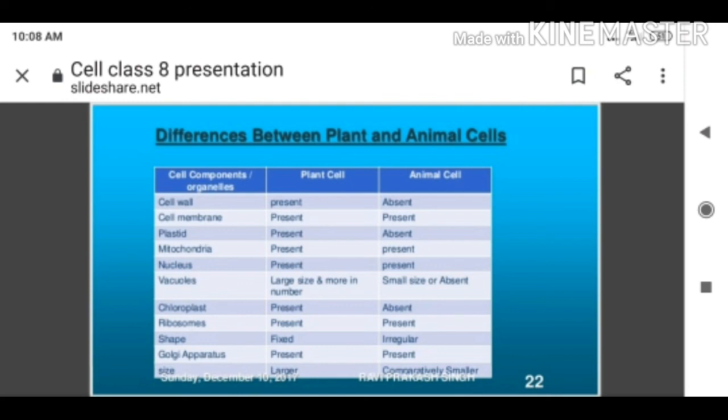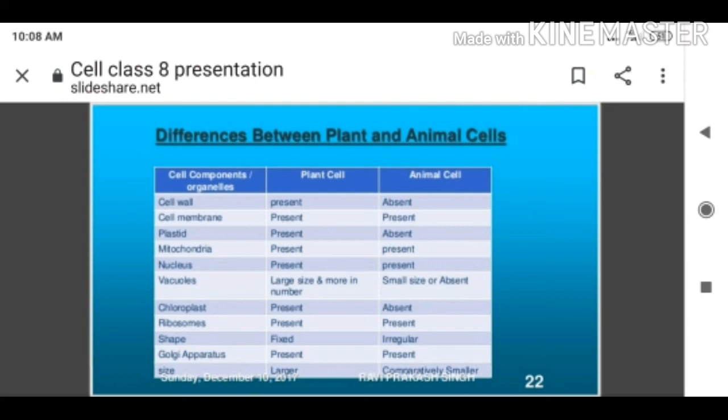Nucleus is present in both, but in the animal cell it is centrally located, and in the plant cell it is in the periphery. Vacuoles in the plant cell are very big, in the animal cell they are small in size. Chloroplast is present in plant cell, absent in animal cells. Ribosomes are present in both.